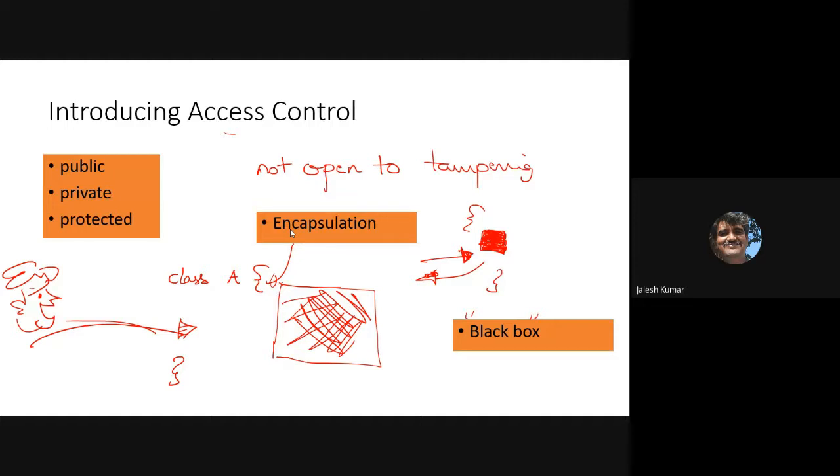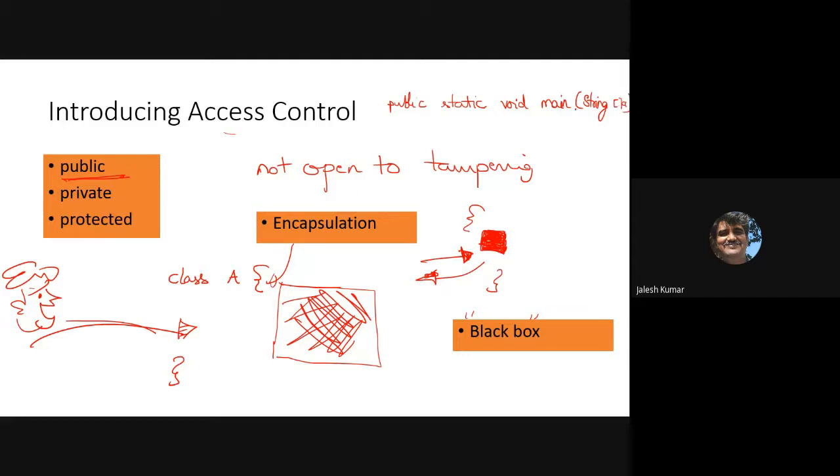Anyway, we'll move to the first keyword, that is public. Public means what? The first word we have come across is in public static void main, with arguments of a string type array.